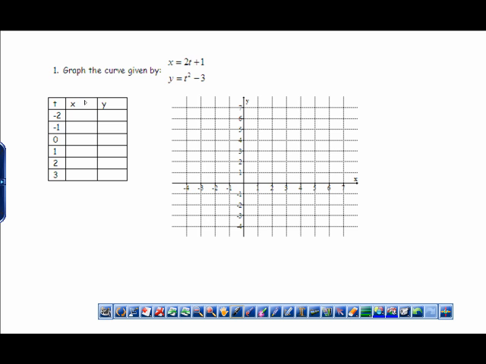And so they already have the table kind of set up for what the t values that they want you to use. And so if we think about t being -2, if I plug in -2 here, I get -3. If I plug in -1, that's going to give me -1. If I plug in 0, I get 1.